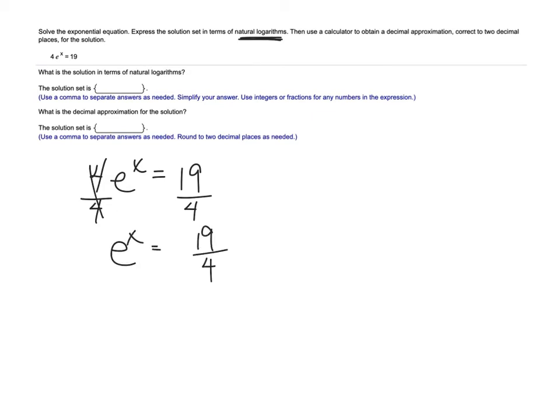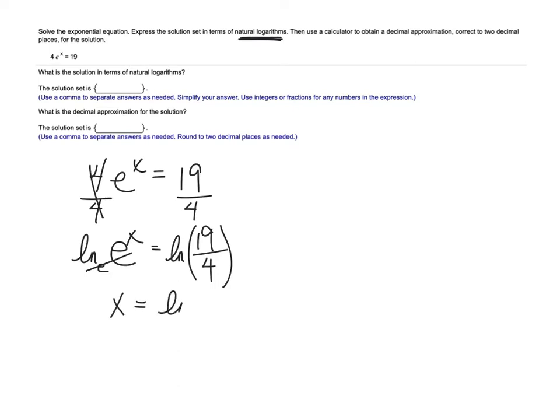All right? So from here, I want to get x out of the exponent. So we can take the natural log of both sides. This is the natural log of 19 over 4. Remember that the base of the natural log is an understood e. Remember our shortcut property: when the bases are the same, the e's are the same, this cancels out and just gives you x.